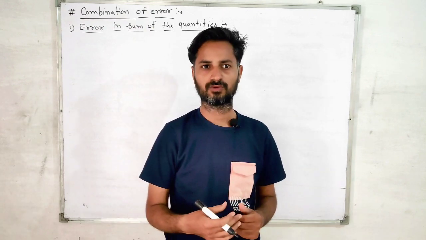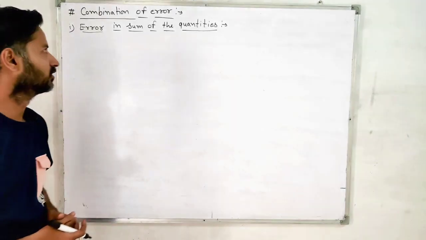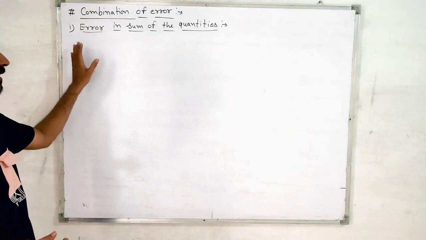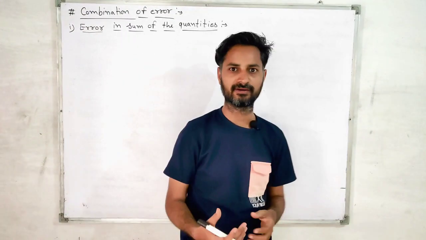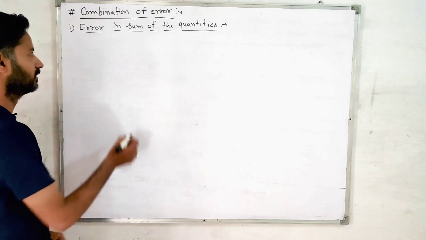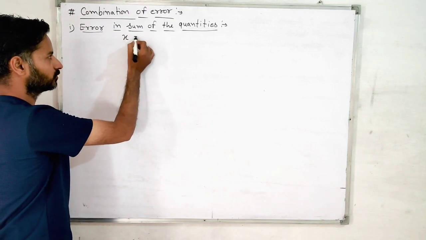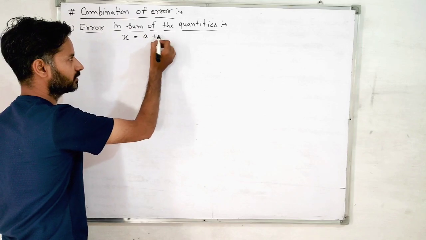We don't know how to get this. So here is the heading: combination of error. First, we will learn about error in sum of the quantities, which will be the same for error in difference of the quantities. Let a physical quantity x be equal to the sum of physical quantities A and B.